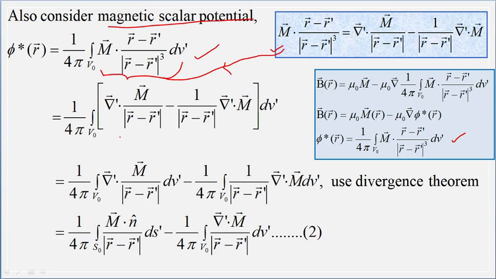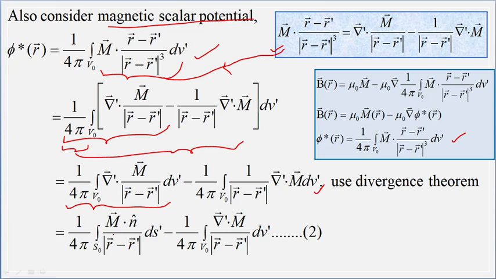Then you open the bracket and take the integral inside. You get this expression. For the first part, use the divergence theorem. In the divergence theorem, the volume integral becomes a surface integral.